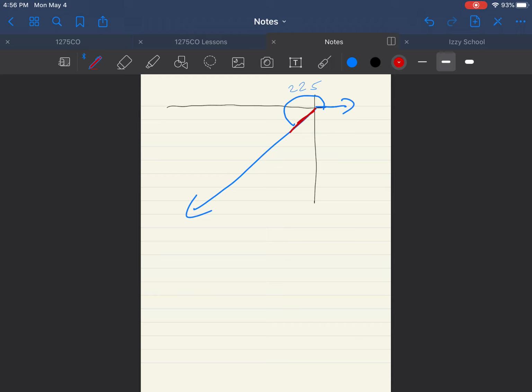Reference angle is always located between the terminal side of the angle and the x-axis, right? Always between the two. So what I'm shading in red right now is the reference angle. And in the third quadrant, you can find a reference angle by taking your angle measure for theta, subtracting out 180 degrees. In this case, it's going to be a 45-degree reference angle.